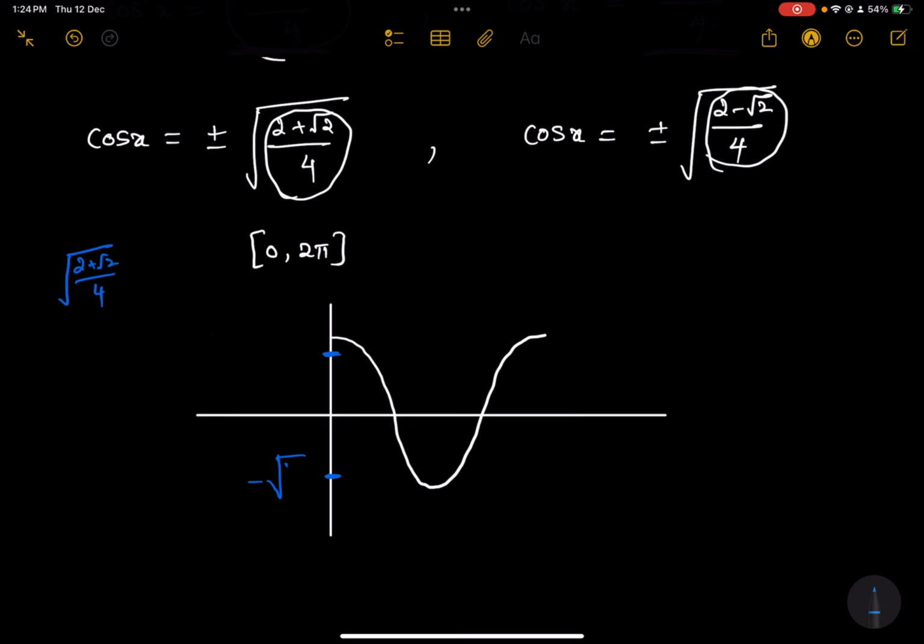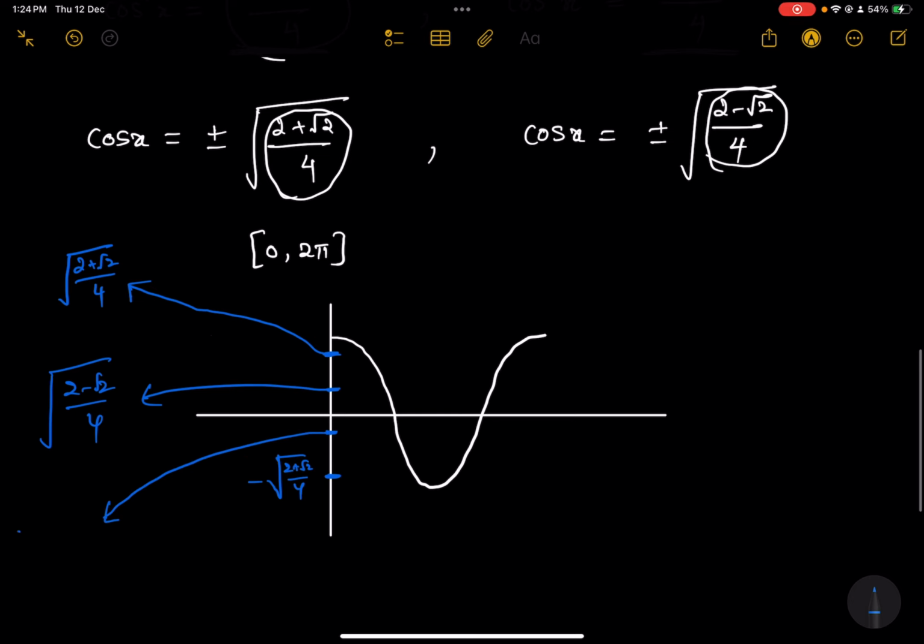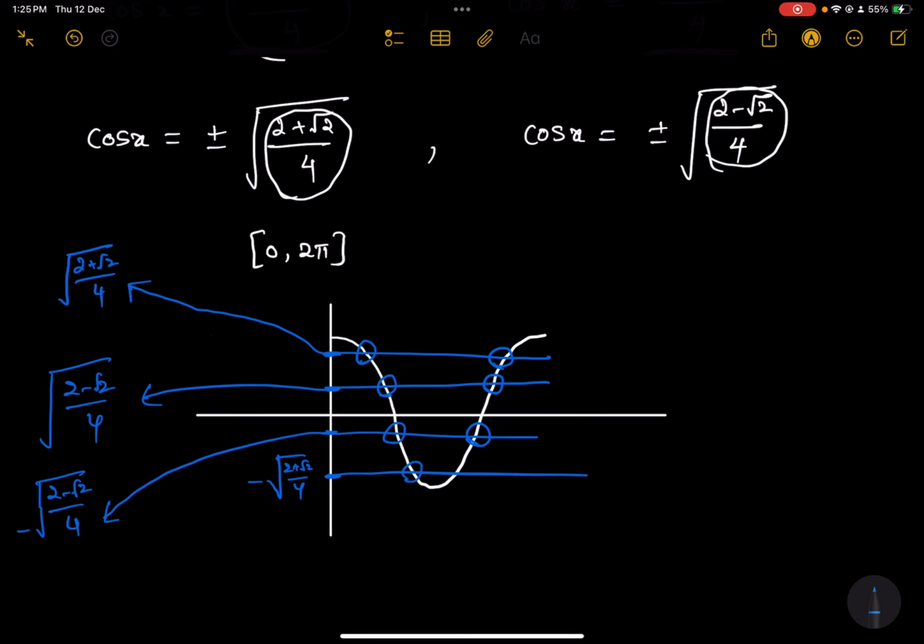Root of (2 minus root 2) upon 4 lies somewhere here, and minus of that lies somewhere here. If we see, this gives us 2 solutions, similarly this gives us 2 solutions, this also gives us 2 solutions, and similarly this gives us 2 solutions. So the total number of solutions in the interval 0 to 2 pi is 8, and this is your answer.